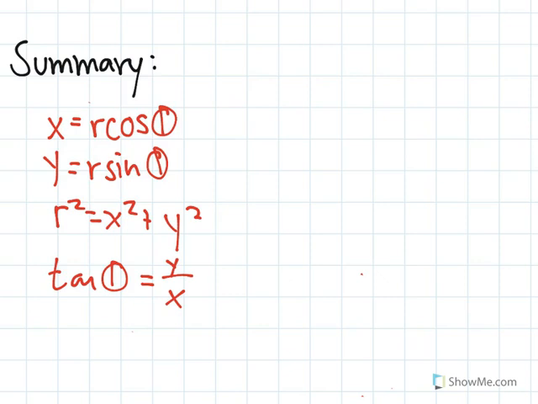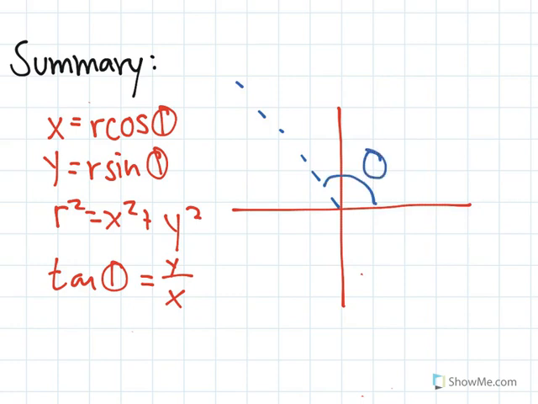So you've got your conversions, you've got your different types of polar graphs, and then it's also important to remember that when you are graphing in polar, you're going to start by figuring out what your ray would be for your angle theta. So we would have this ray for angle theta. And then depending on what r is equal to, you're going to move r units away from the origin of your ray.